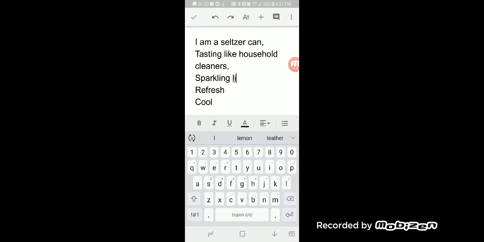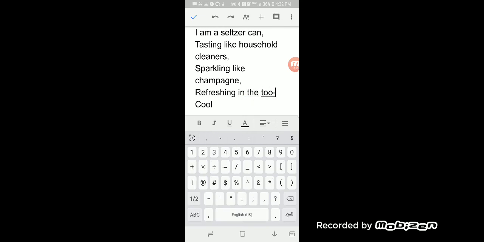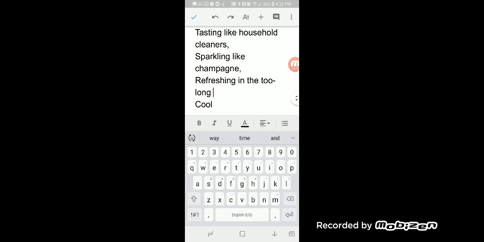Sparkling like champagne. Refreshing in the too long summer heat.